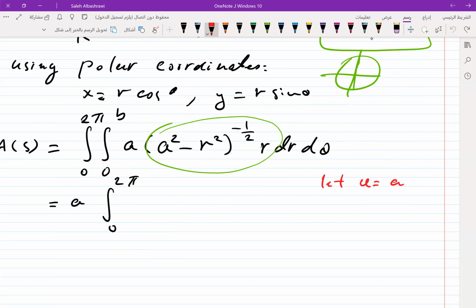Let u equal a squared minus r squared, then du will be minus 2r dr, or r dr will be minus 1/2 du.